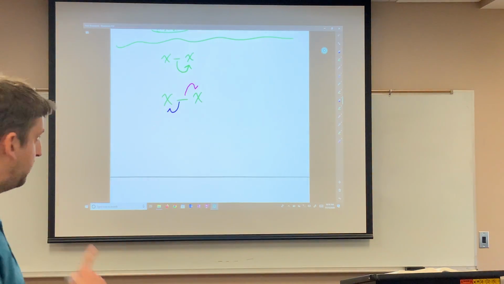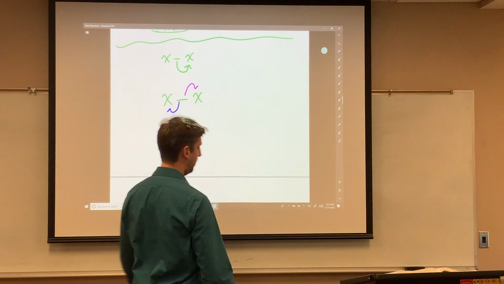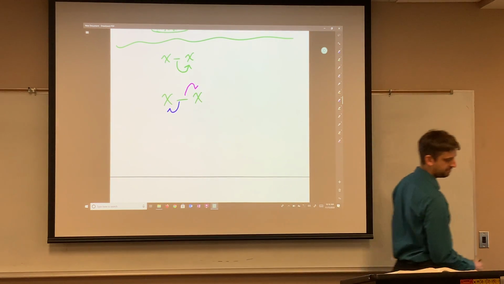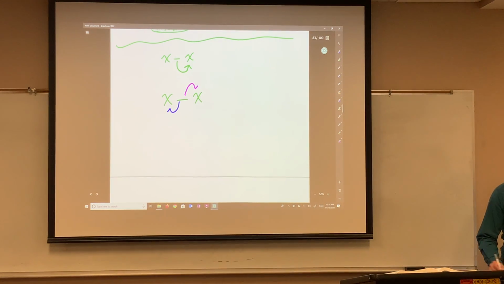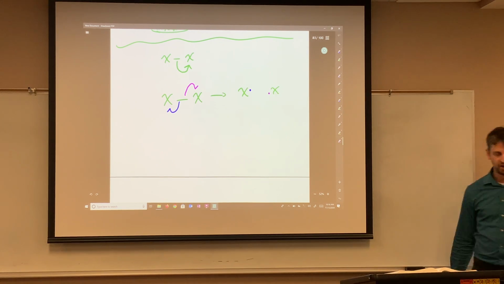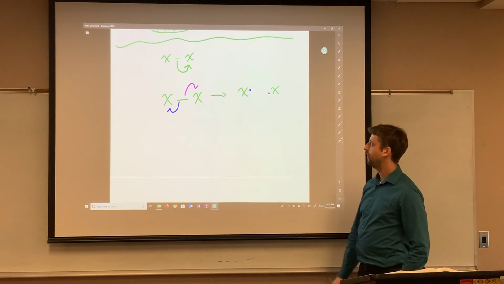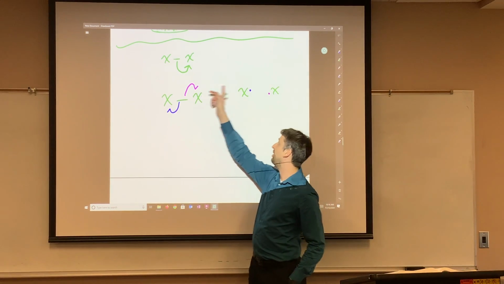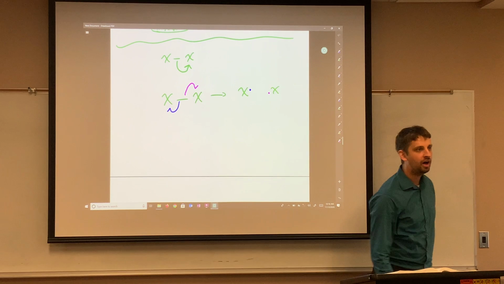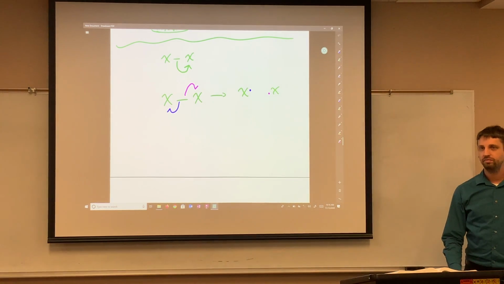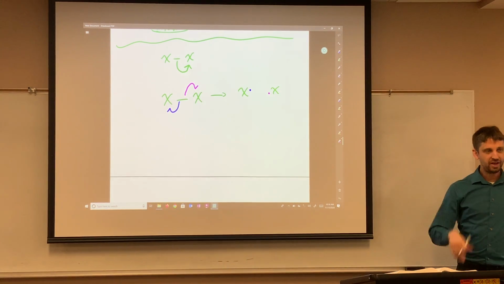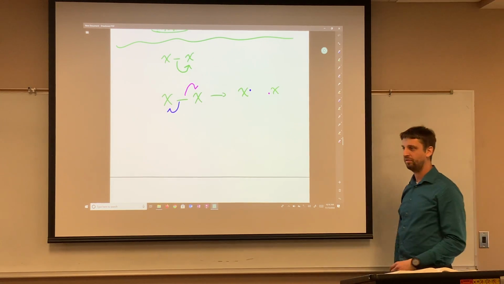Now notice, there's a couple of important things here. My products will look like this. We'll have that, and we will have that. So we split here for each of those to get an electron. Got it? So that's how we break bonds with radicals.